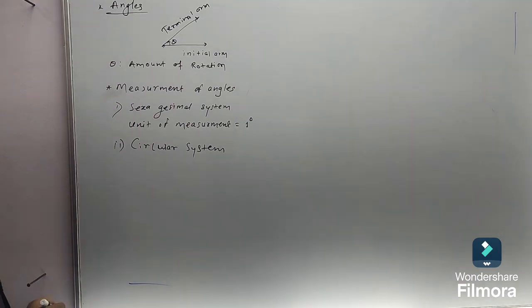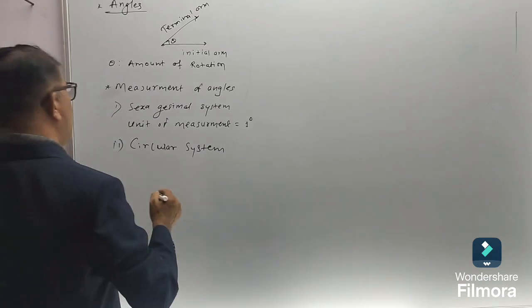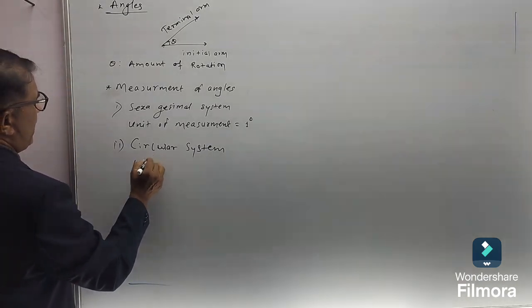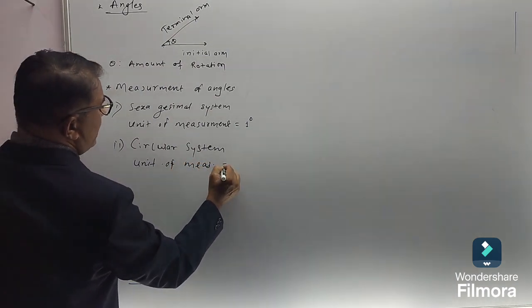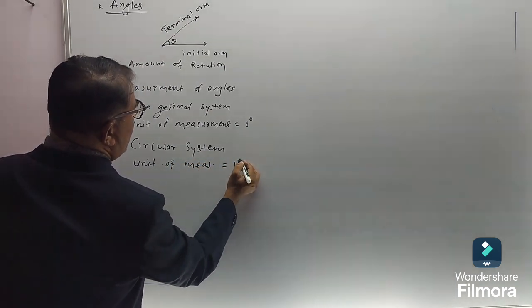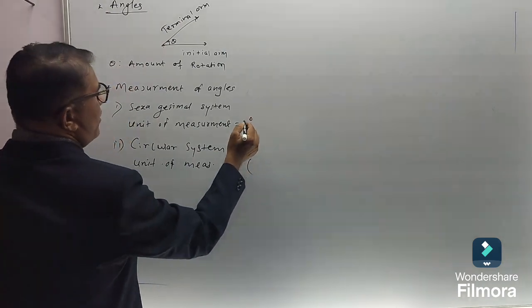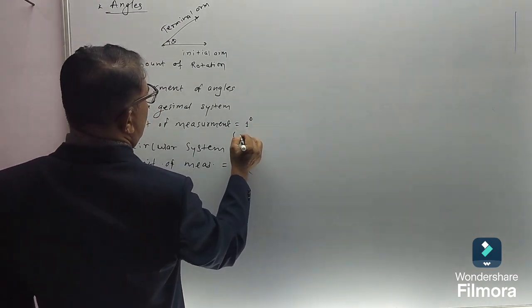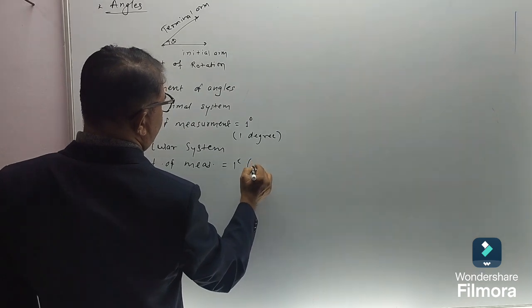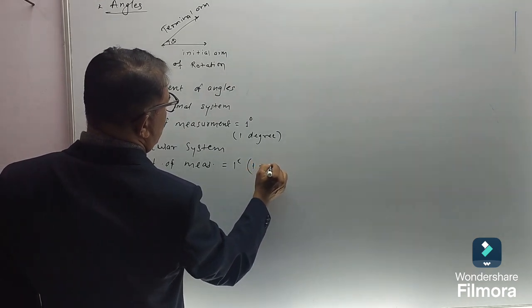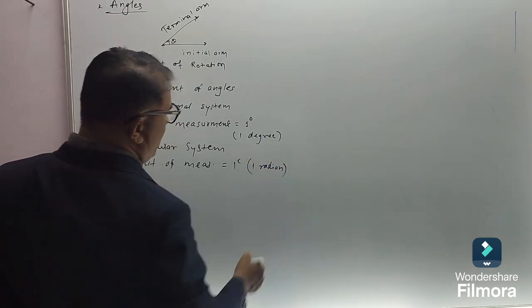In a circular system, the unit of measurement is the radian. Here it is 1 degree, and here 1 radian.